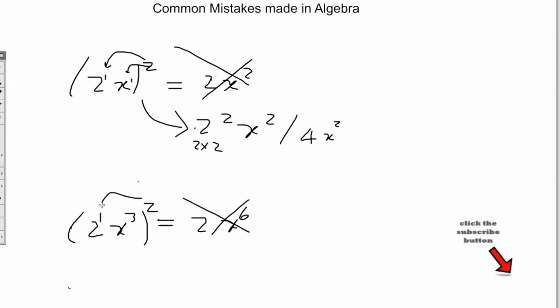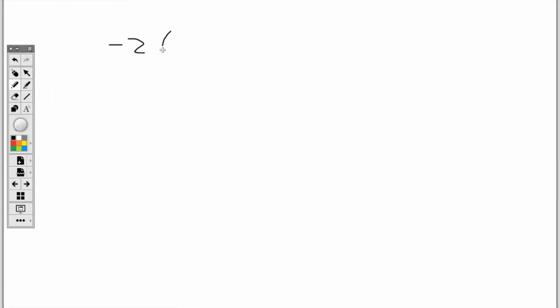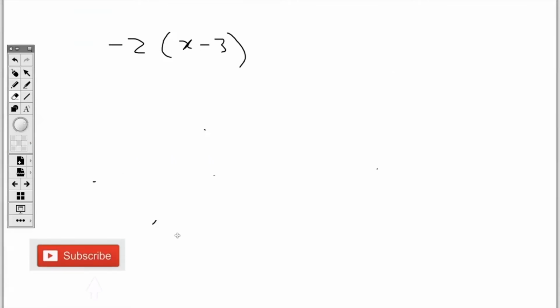Remember, the 2 has a power also, so we have to distribute the power 2 within. So it means I will have 1 times 2 is 2, and 2 times 3 is 6. So I have 2 squared x to the 6, and 2 squared is 4, so I have 4x to the 6.